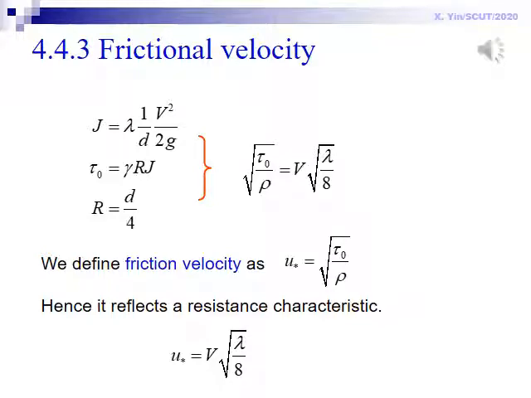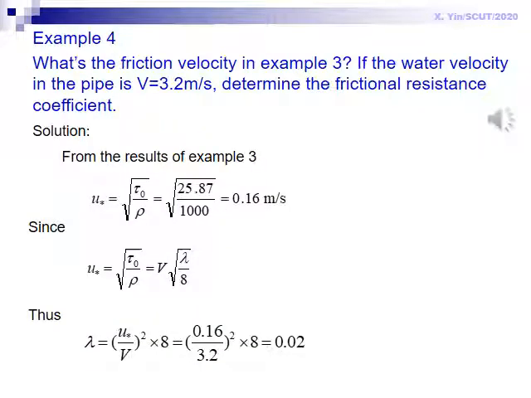We can see in the bottom equation that the faster the current, the more resistance it has. Like us, the faster we run, the more wind we feel against us. This is an example calculation using u star to solve a problem.